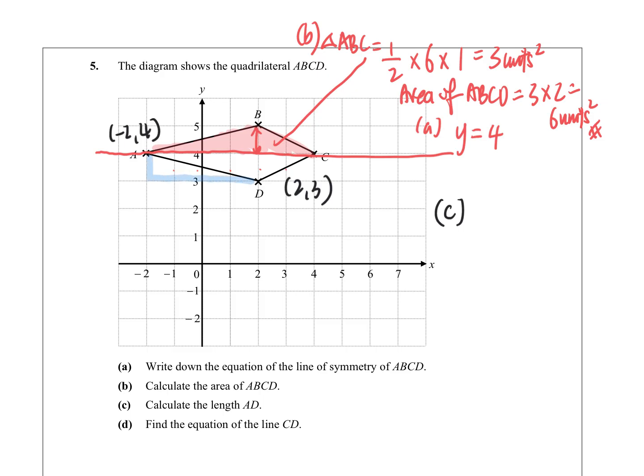Those of you who love Pythagoras theorem, you can draw the right angle triangle out and count the number of units you have. So this is 4, and then this is 1. So to find AD, you just do 1 squared plus 4 squared, square root. So it's square root 17. Then you give it to 3SF.